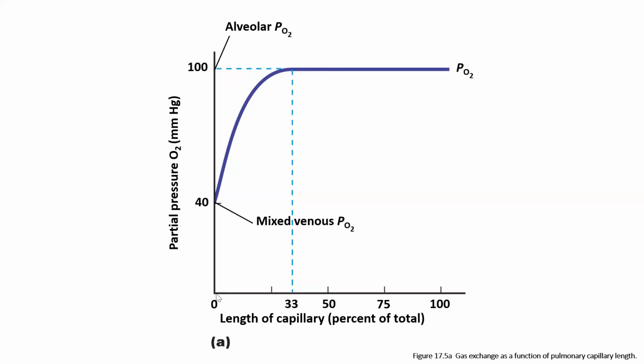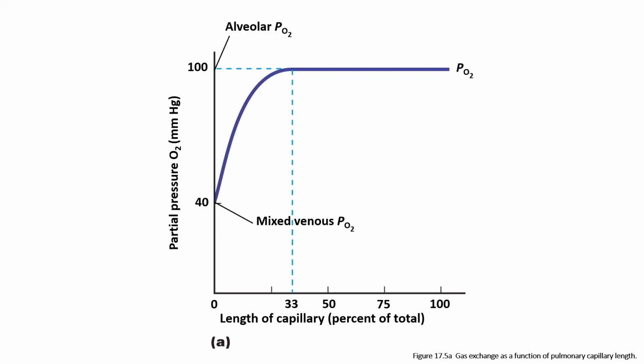Essentially we have the entire length of the capillary, and after the blood has passed through the first third of the length of the capillary, all of the oxygen has been loaded from the alveolus into the blood, into the capillaries, and that is represented here by the change in the partial pressure. So we go from 40, which is the lowest partial pressure in that mixed venous blood, all the way to 100, which is the partial pressure of our freshly oxygenated blood. In other words, all of the exchange takes place within the first third of that capillary.